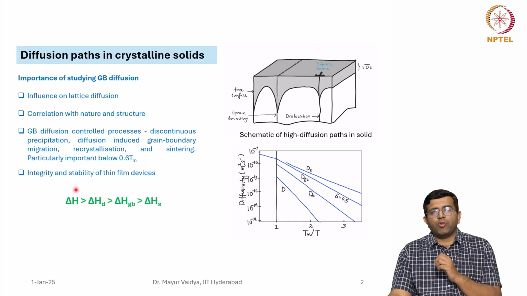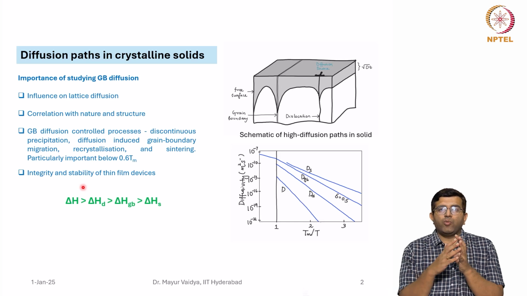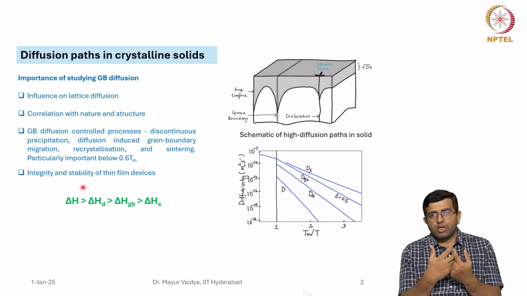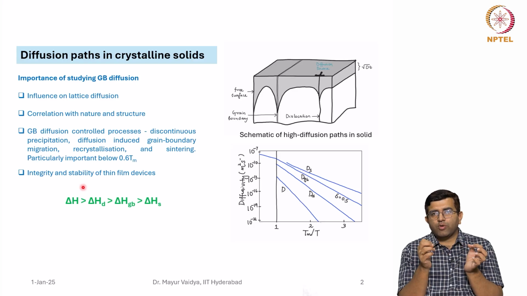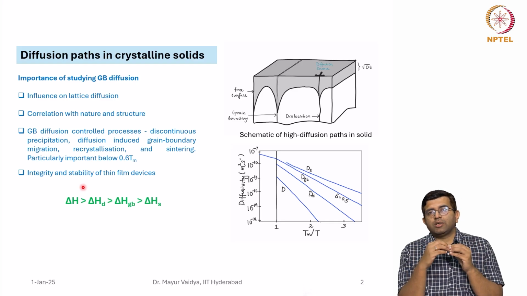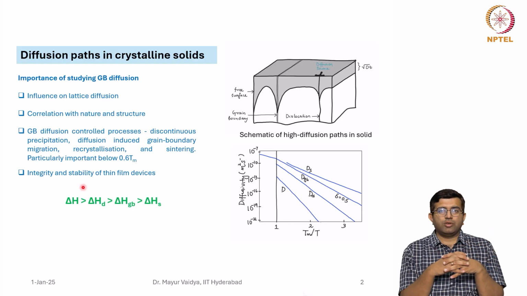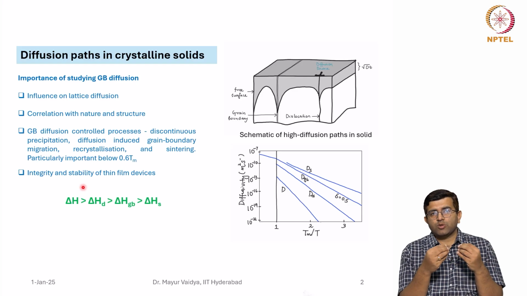Just one more point on the importance of studying grain boundary diffusion is when it comes to thin films. Now, you know that you have so many electronic devices where a lot of material is used as thin films. In the thin films, there is a much larger fraction of grain boundary than you have in bulk materials, and the grain boundaries are also sometimes oriented in certain directions.